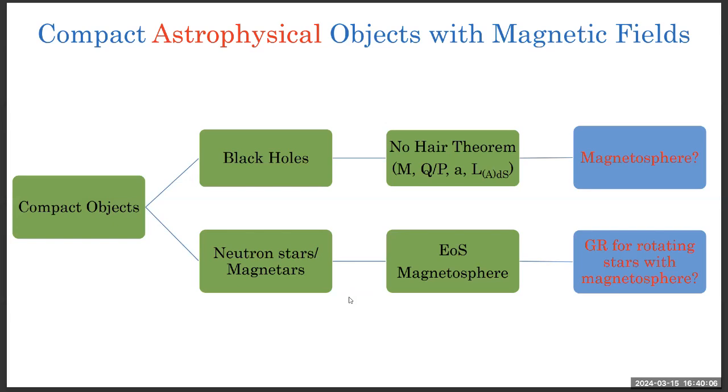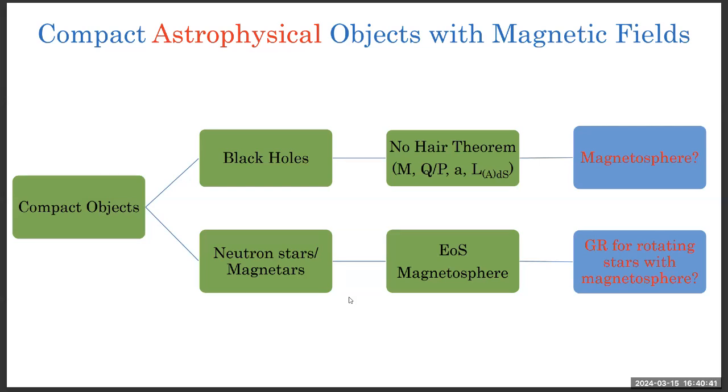Because of that, the no-hair theorem states that a black hole does not allow a multipolar magnetic field. But in reality, as I said, we have magnetic field threading, coming from the magnetosphere. How to make it a consistent theory in general relativity is a real challenge.